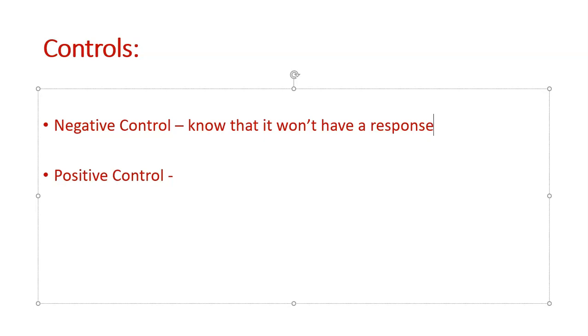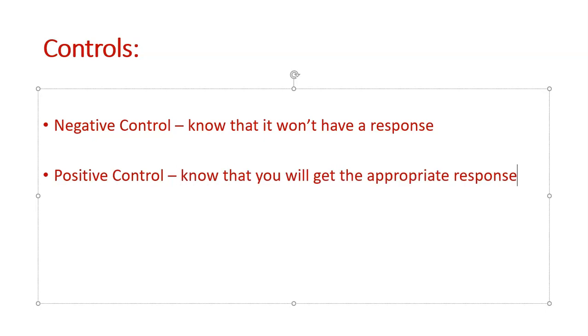So you need to have a negative control, one that you know will not have a response, and you need to have a positive control, which is the opposite. It's one where you know that you will have an appropriate response. Let's go back to that glucose example. Let's imagine that you wanted to test and see if you had a monosaccharide or glucose present in your experiment. You would have 3 things that you would test at the very least.